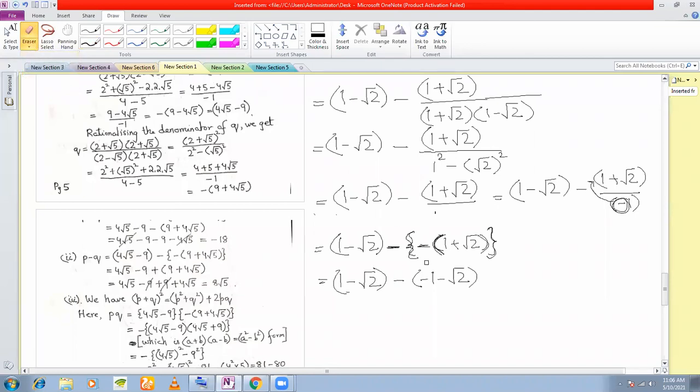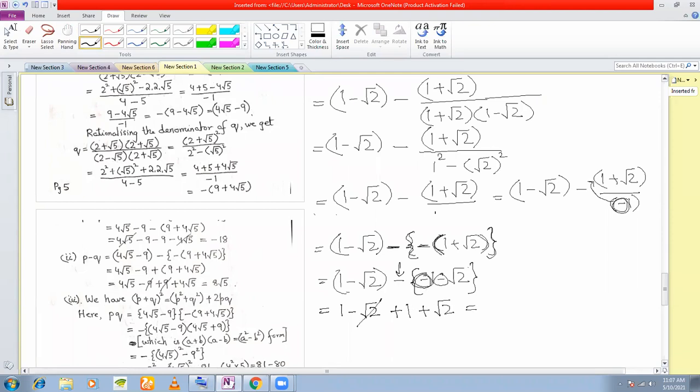Let us keep the curly bracket so that you identify the brackets. Okay, so I've opened the first bracket inside. Now I will open the curly bracket. 1 minus root 2. So when I open the curly bracket, because there is a minus sign outside this curly bracket, this minus sign becomes a plus sign, and this minus sign also becomes a plus sign.